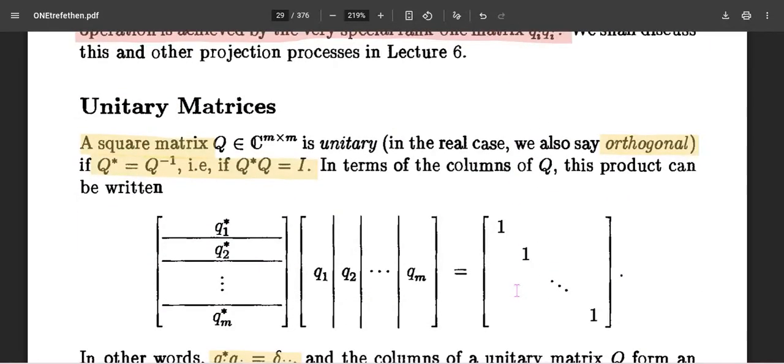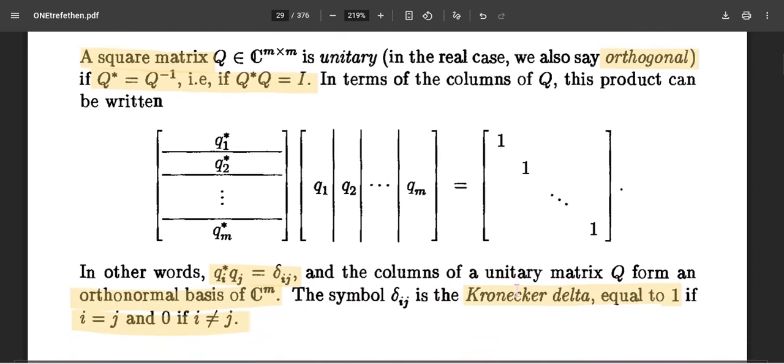A unitary matrix: if every column is orthogonal to the others, then it is called a unitary or orthogonal matrix. An important property is that q transpose q is equal to I. In the last video we saw that A inverse A is equal to I. It means that if a matrix has the property of orthogonality, then A inverse equals A transpose.